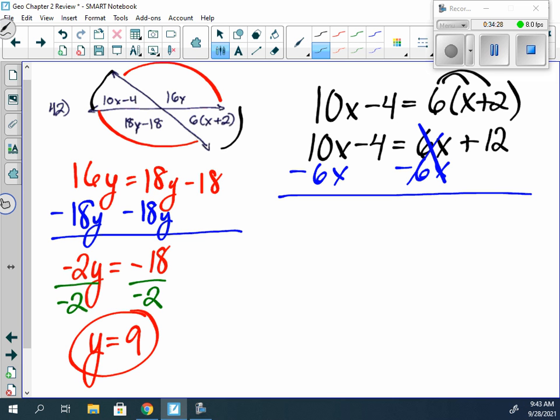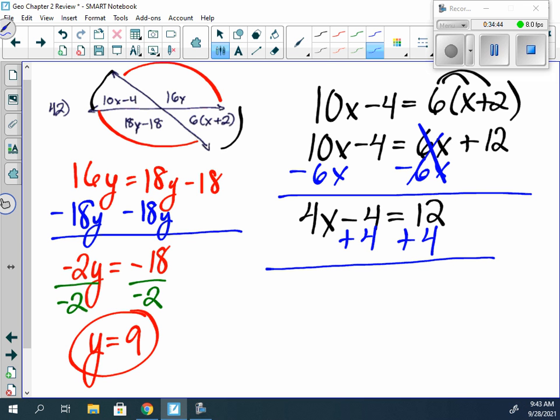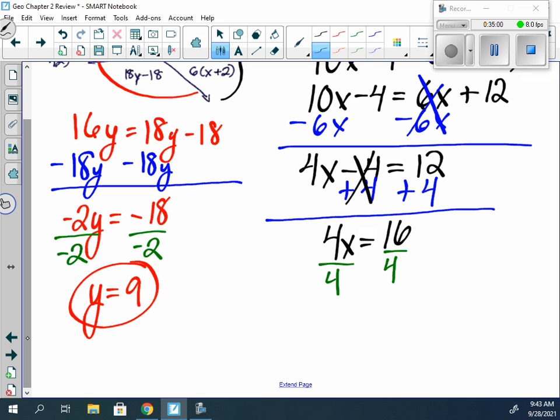These will cancel. 10x minus 6x is 4x minus 4 is equal to. Now what can we do? Yep, because we have all the variables on one side, we just need to get them by themselves. As these will cancel out, we're left with 4x is equal to. And last but not least, divide both sides by 4, which tells me x is equal to 4. That's it.